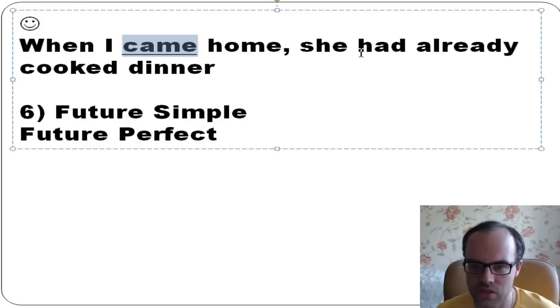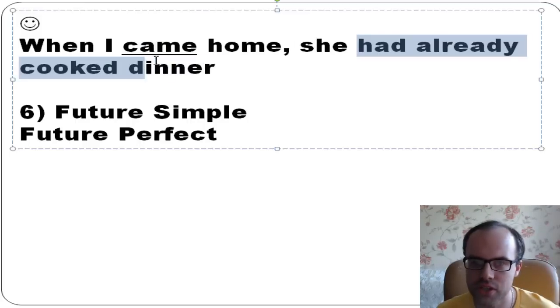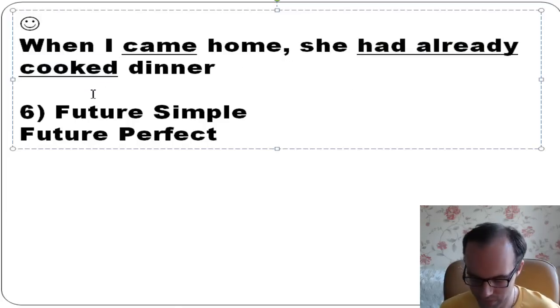And you also see had already cooked. So did it happen before? Yeah, right. You are absolutely right, my friend. So it happened before. So it's the second action. It's the second action in the sentence, but it happened earlier. So you need to use past perfect.